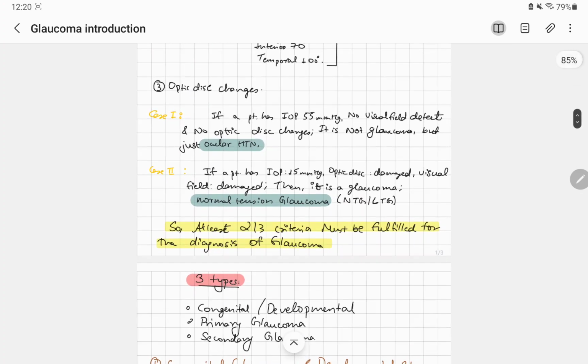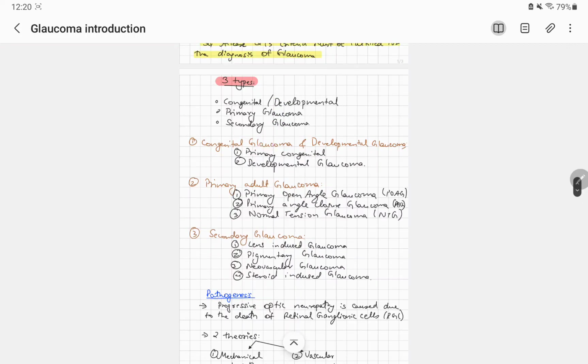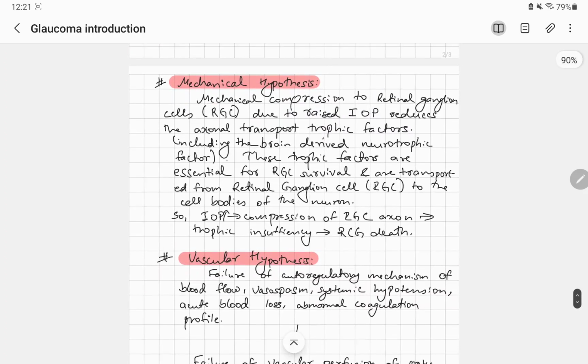Any field less than the normal degree falls under visual field defect. We also discussed normal tension glaucoma and ocular hypertension, the types of glaucoma and its pathogenesis. The mechanical hypothesis states that due to injury of the retinal ganglion cell, the transport trophic factors get reduced, and due to its insufficiency, it will cause retinal ganglion cell death, and that will lead to glaucoma.